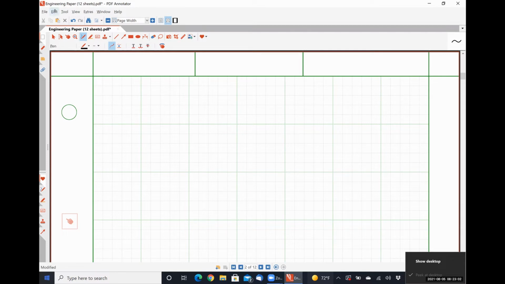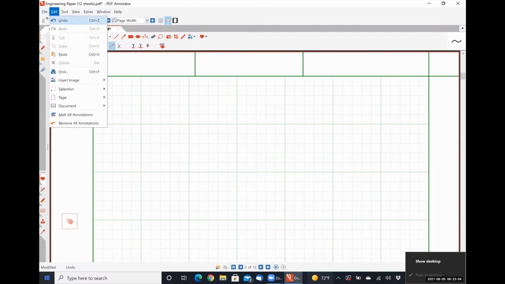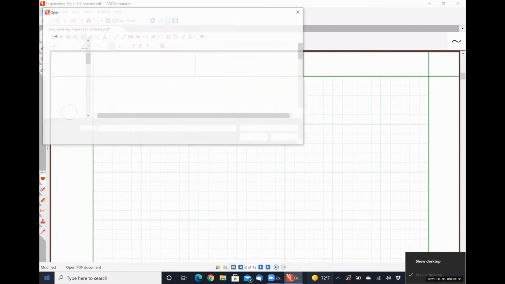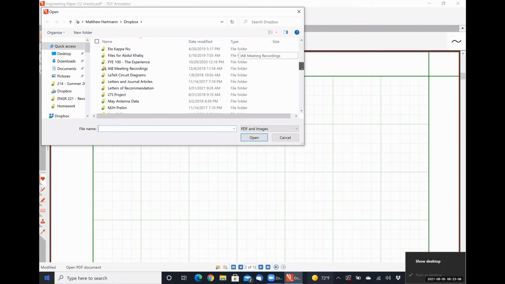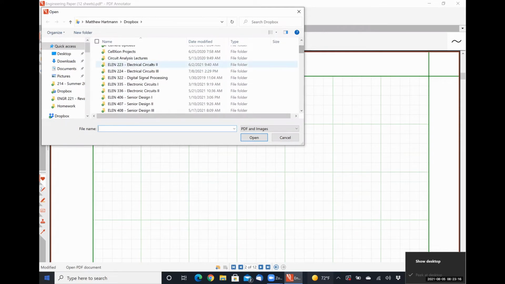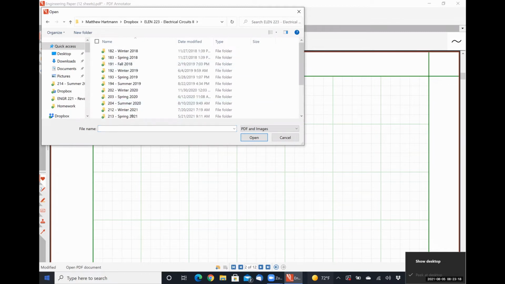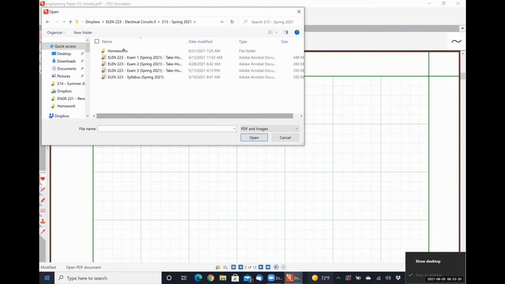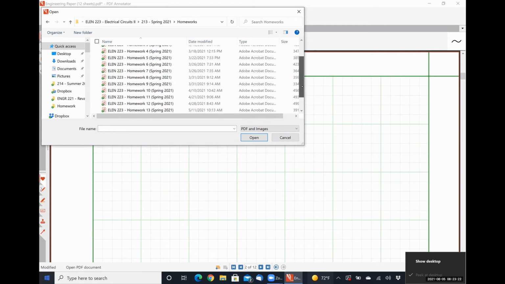Let's look at the homework set. This is ELEN 223, Spring 2021. Homeworks. Let me scroll down here to the bottom. This isn't spring, it's summer.